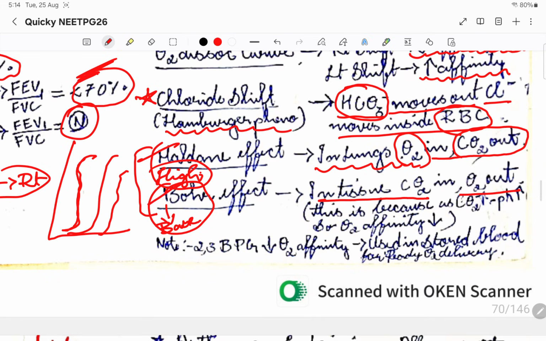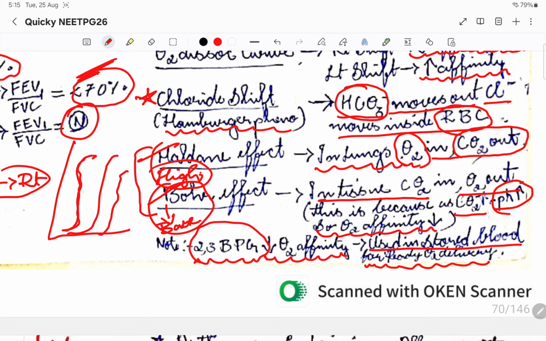Okay, this is basically because of the increased CO2: the pH will decrease, and there is low affinity for oxygen. Please remember this. Okay, and please note that there is something called 2,3-BPG, which reduces the affinity for oxygen in the hemoglobin. So this 2,3-BPG is what is used in stored blood, as it helps in ready oxygen delivery.